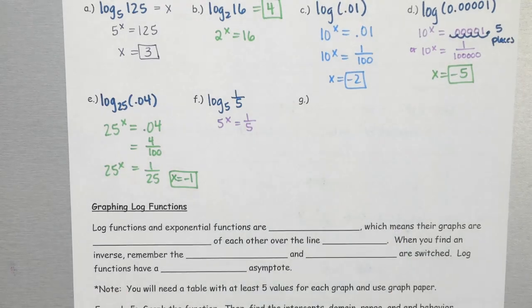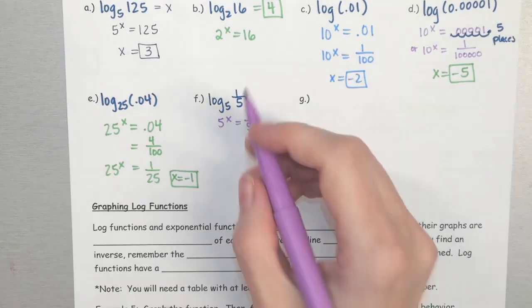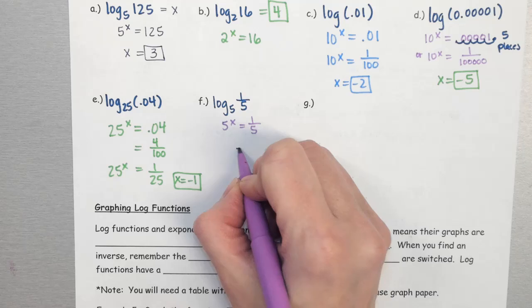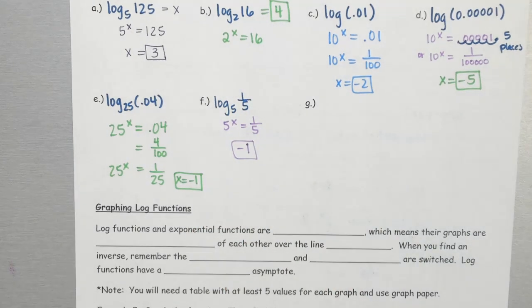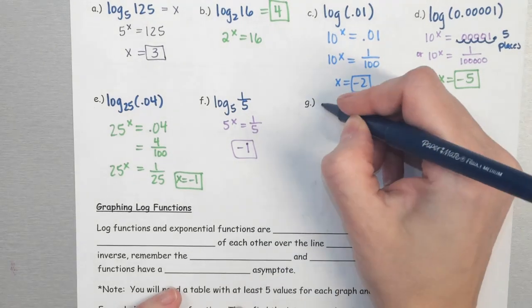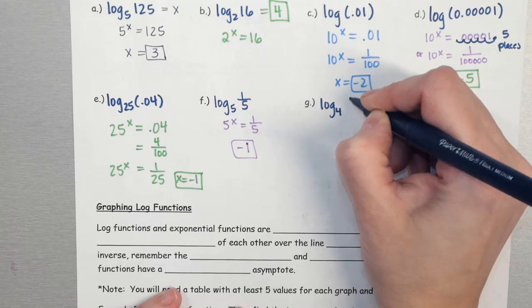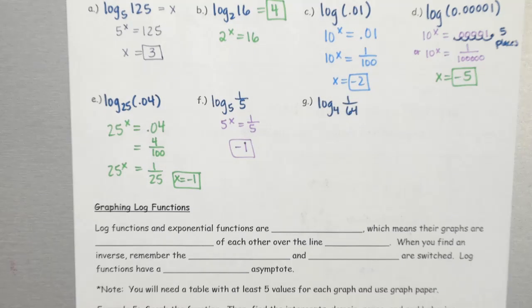Okay, so you have 5x to the 1/5. In this case, x is going to be -1. Anytime it's the same number, but it's over 1, you're going to have -1 as your power. All right, and then let's try log base 4 of 1/64.